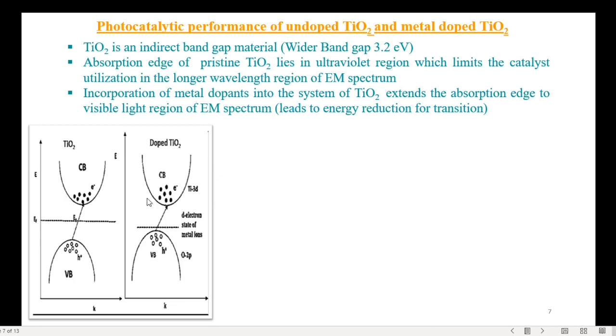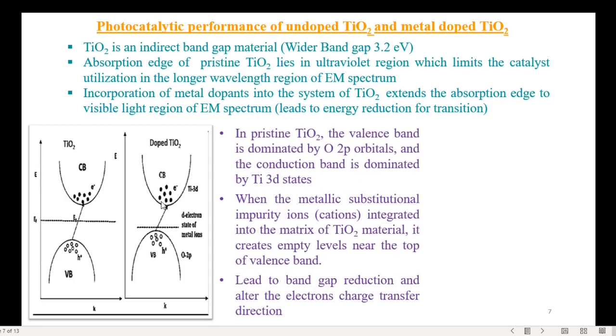In this picture, the band structure of pristine and metal-doped TiO2 are given. In pristine TiO2, the valence band is dominated by O2p orbitals, and the conduction band is dominated by Ti3d states. When metallic substitutional impurity ions, cations, are integrated into the matrix of TiO2 material, it creates empty levels near the top of the valence band.